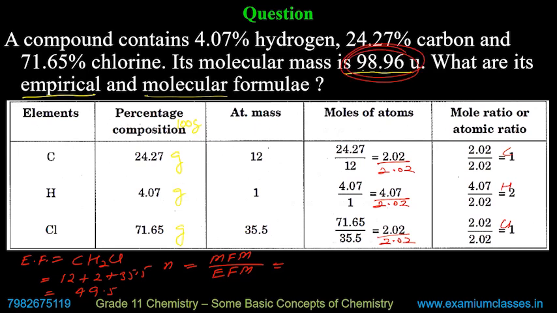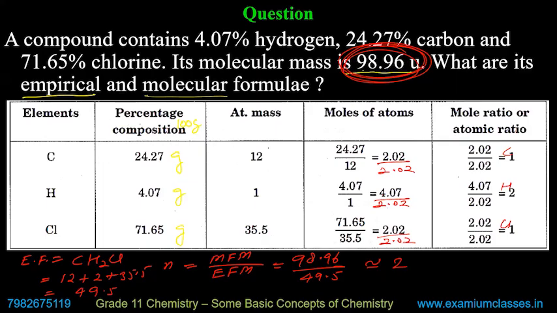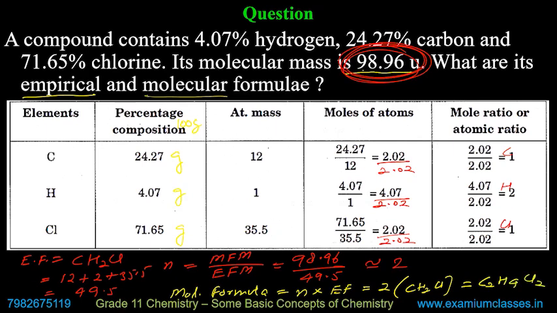The molecular formula mass, which is given, is 98.96, divided by the empirical formula mass 49.5, so n is approximately 2. So the molecular formula will be n times the empirical formula, that is 2 times CH2Cl, that is C2H4Cl2. That is the answer. Just see if there is any problem in any step.